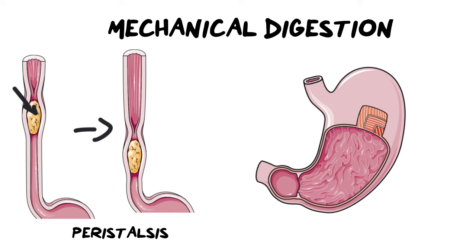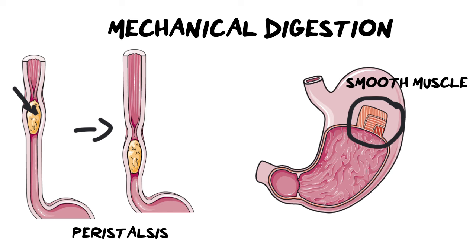First of all, let's take note of the fact that the stomach is made out of smooth muscle. And smooth muscle, everyone, remember, is involuntary muscle that can contract and relax. And it's that contracting and relaxing, which we call churning, that mixes your food so that it's evenly digested throughout. And that counts as mechanical digestion.